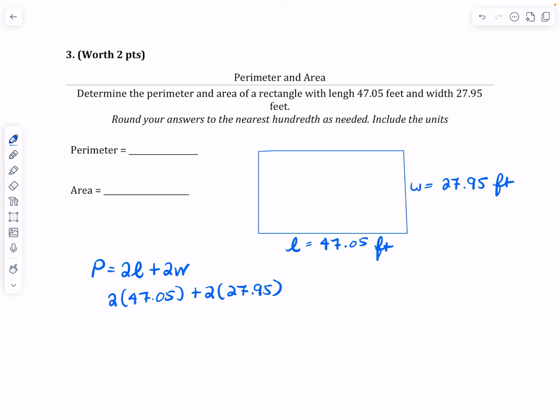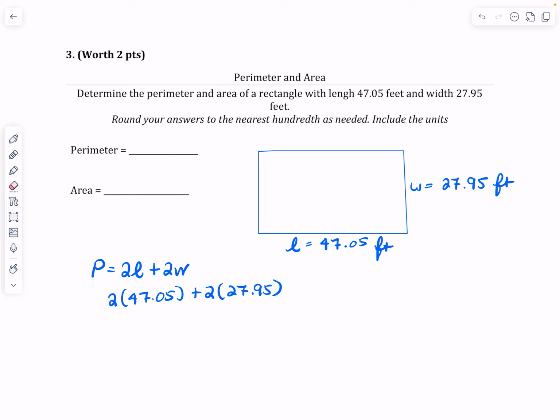2 times 47.05 equals 49.05 plus 27.95 times 2. And I got that wrong. Let me fix that.